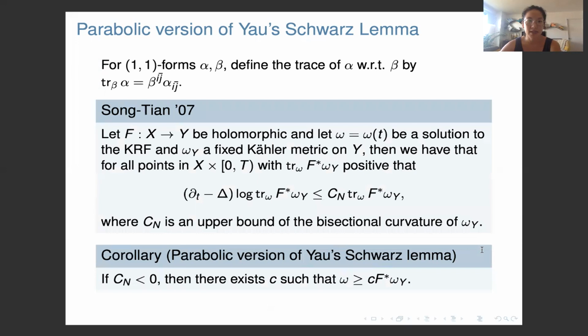Song and Tian in 2007 showed this particular heat type differential inequality.